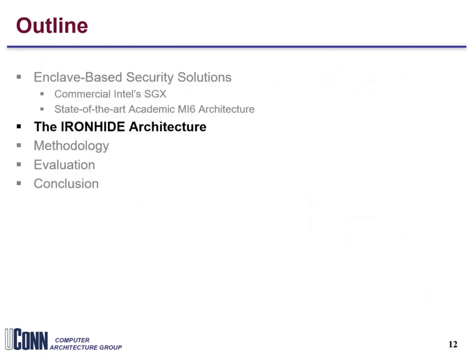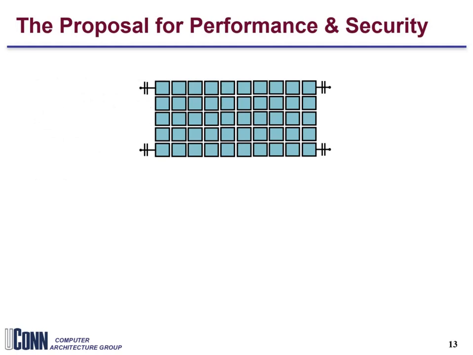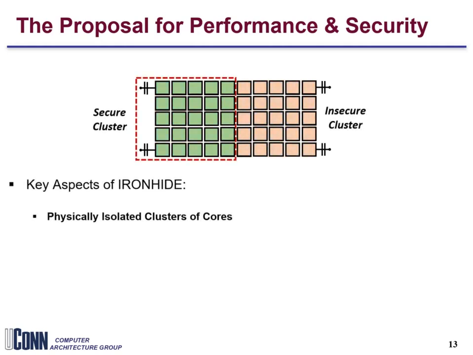To answer this question, we propose IRONHIDE in this work, which addresses the performance challenges of MI6 and ensures strong isolation for security. In this work, we propose to take a step ahead in the context of multicores. To give you an overview, IRONHIDE creates two physically isolated clusters of cores, a secure cluster and an insecure cluster, where respective secure and insecure processes temporarily execute.